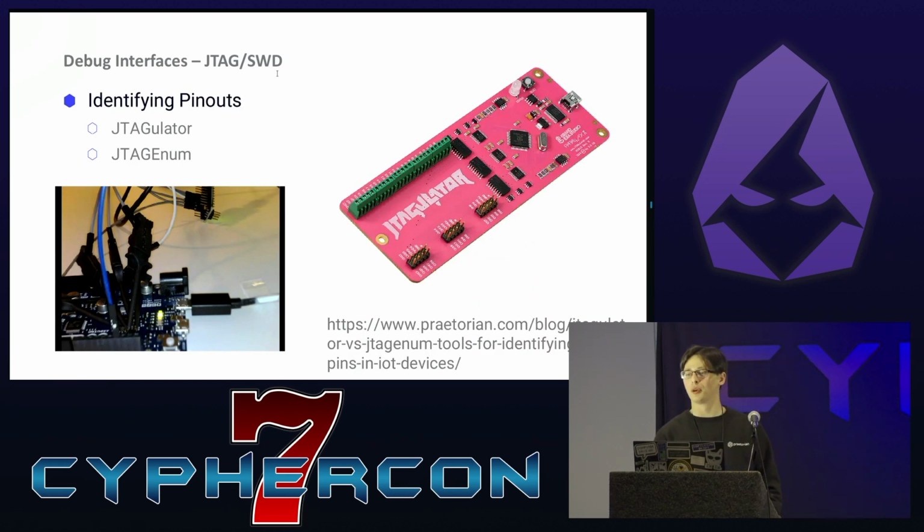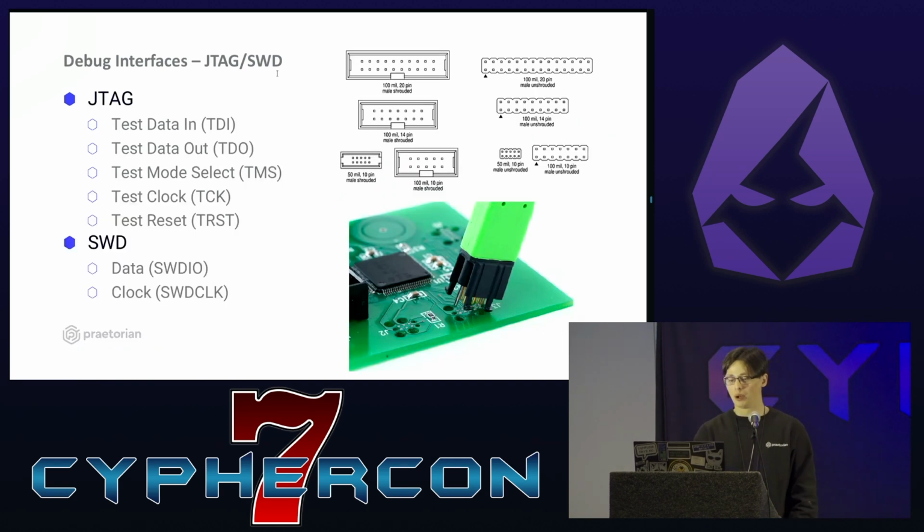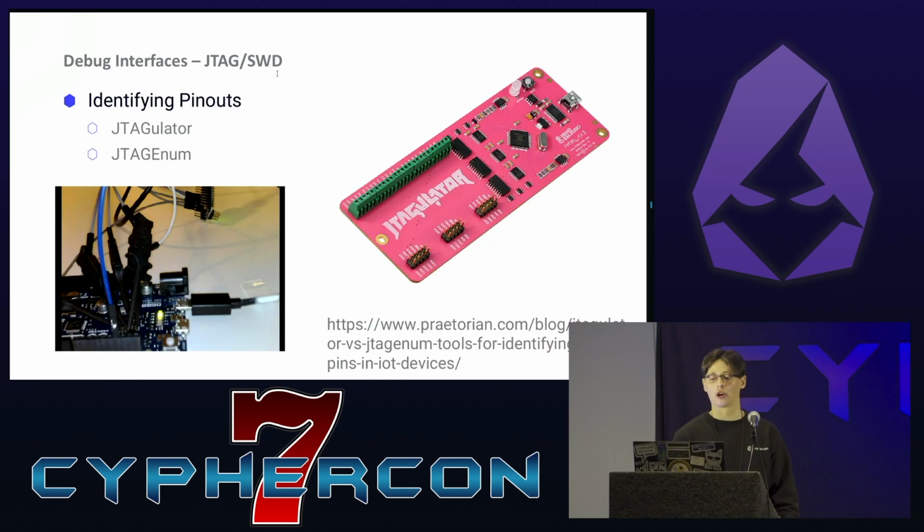So like I mentioned, with identifying the UART pinout, once we have the VCC and ground, we can just 50-50 guess for the RX and TX. But for the JTAG, where we've got these 5, that's going to be a lot harder. So that's where tools like the JTAGulator or JTAGenum, which you can flash onto something like an Arduino Nano, come in. The JTAGulator, I think it might be discontinued, but I think you can still get your hands on them from some vendors. They're really great.